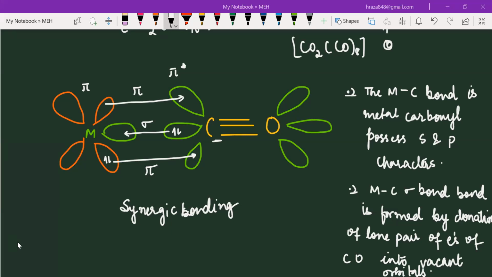And the third point we can write: the bond between M and C, a pi bond will also be there.